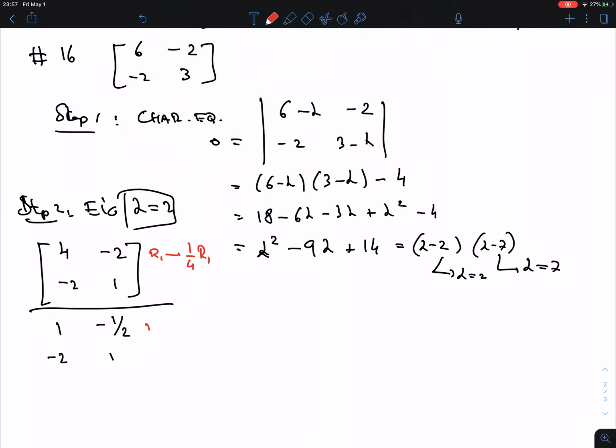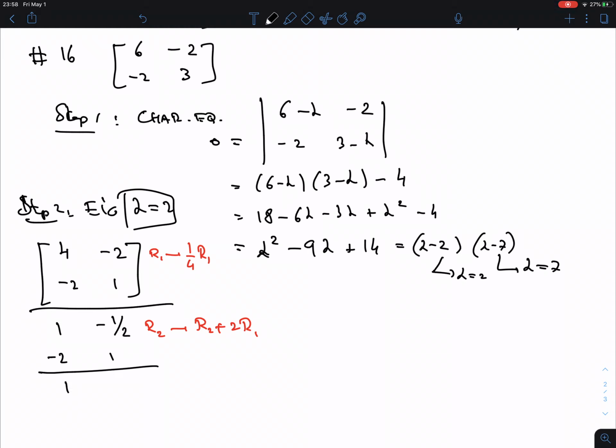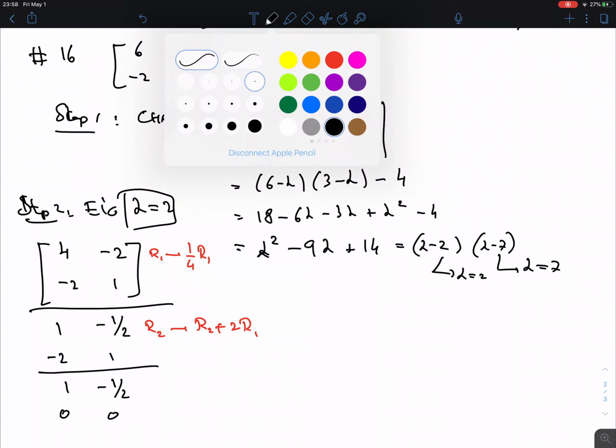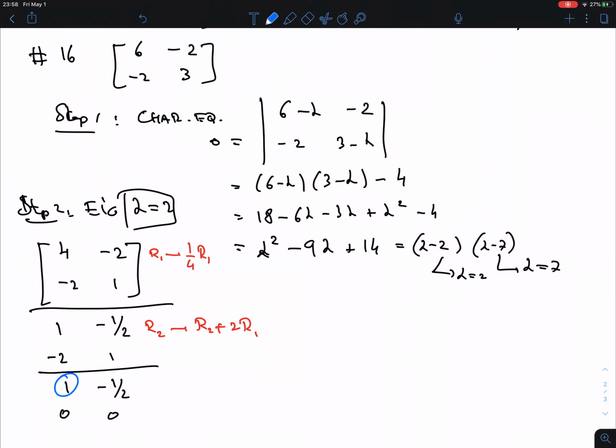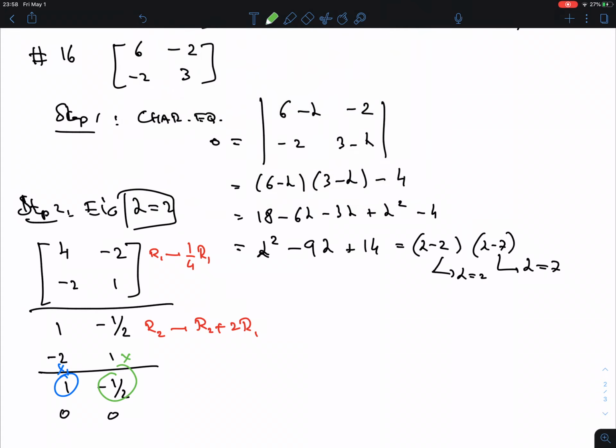So now I get a 0 in the bottom by doing this, plus 2 times row 1. And of course, what you need to happen is not just a 0 here, but also a 0 there, which is the case. We need a 0 row so that we have 1. This is the pivot variable, x1, but we need a free variable, which we have, that's x2.